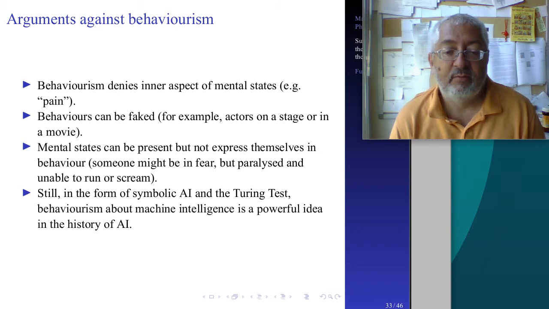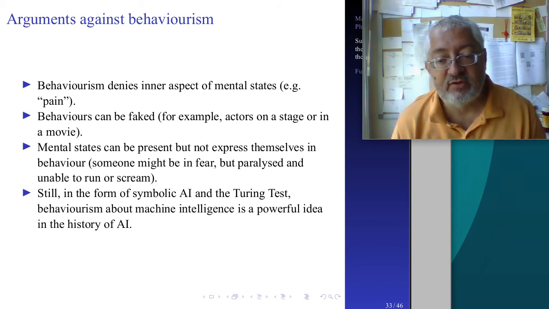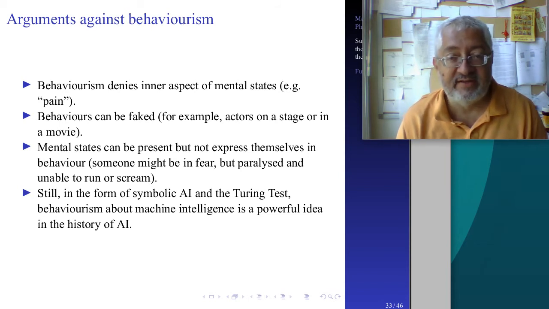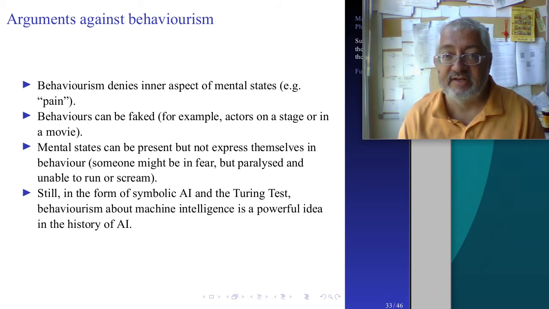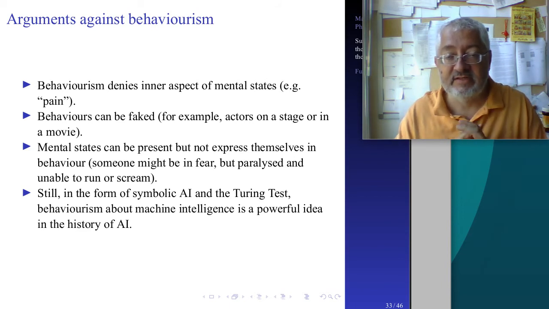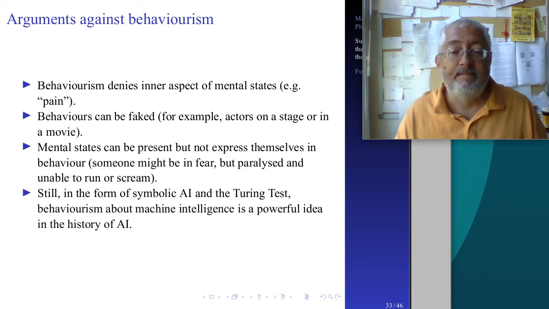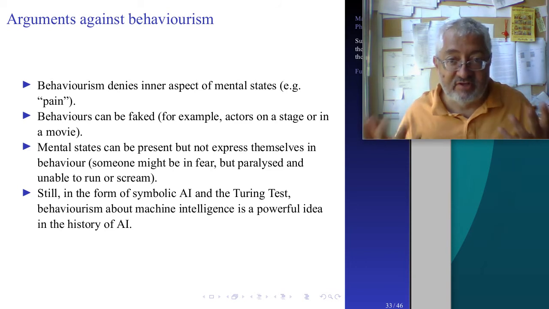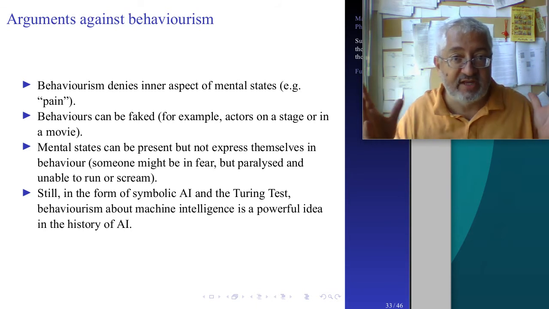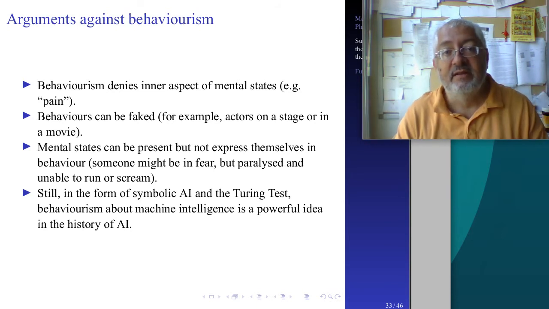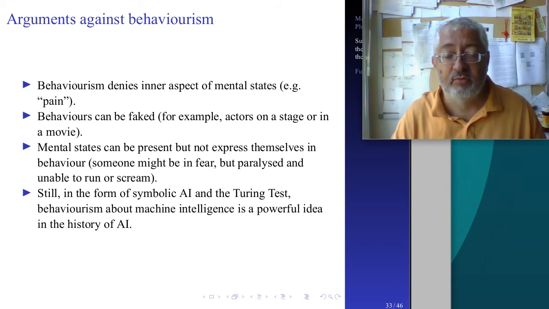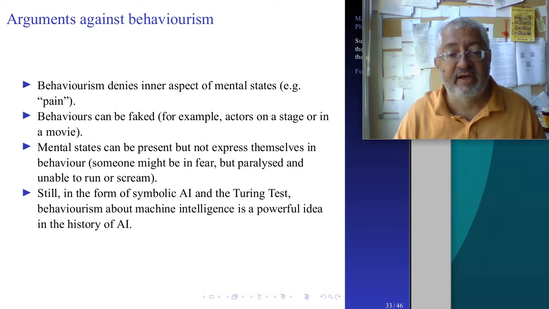Still, in the form of symbolic AI and the Turing test, behaviorism is a powerful idea in the history of AI. We now know that it's not such a good idea, and the Turing test generally is not thought to be so relevant for actual AI anymore. But it has been traditionally very important, and in public consciousness and public imagination, the Turing test is one of the things that almost everybody knows who has even a very superficial acquaintance with AI and philosophy of AI.